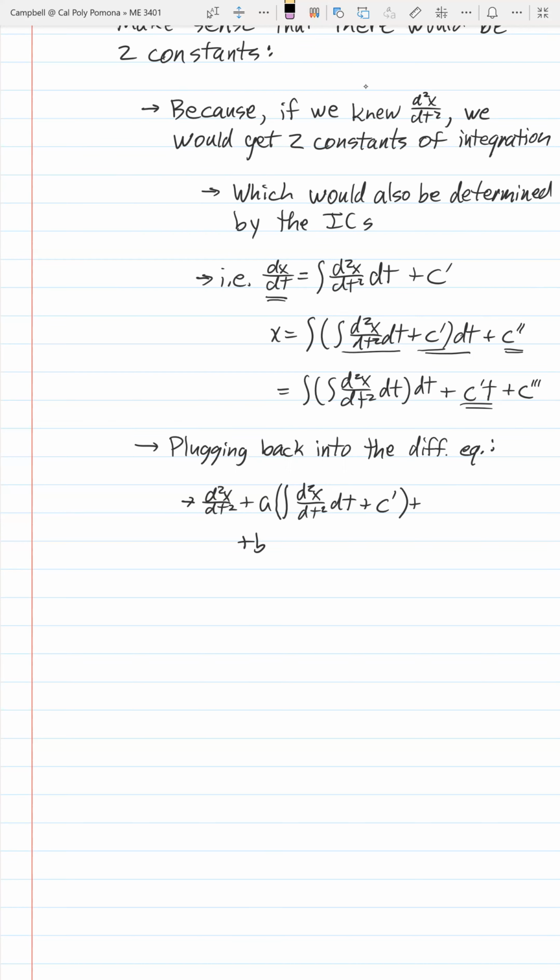Plus b times then our integral of the integral d squared x dt squared dt times dt plus c prime t plus c triple prime. And of course, all this still has to be equal to 0.